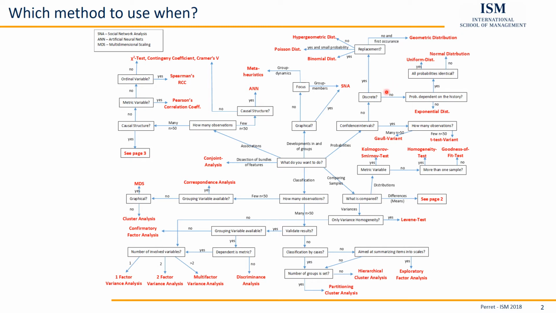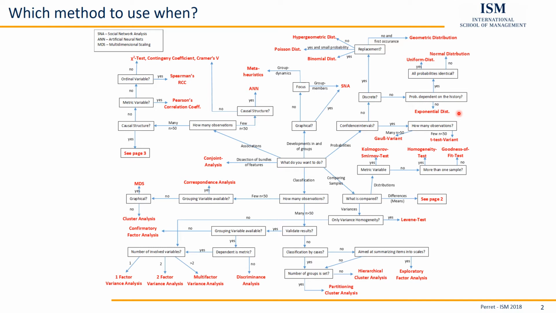Okay, but before, if we switch from discrete to continuous, the question you should first ask is, is the probability dependent on what happened before, what happened in the past, in history? If you say no, so every decision now does not care about what happened earlier, then you're using the exponential distribution. That's also what we call the distribution without memory. That's why, because what happened before doesn't matter.